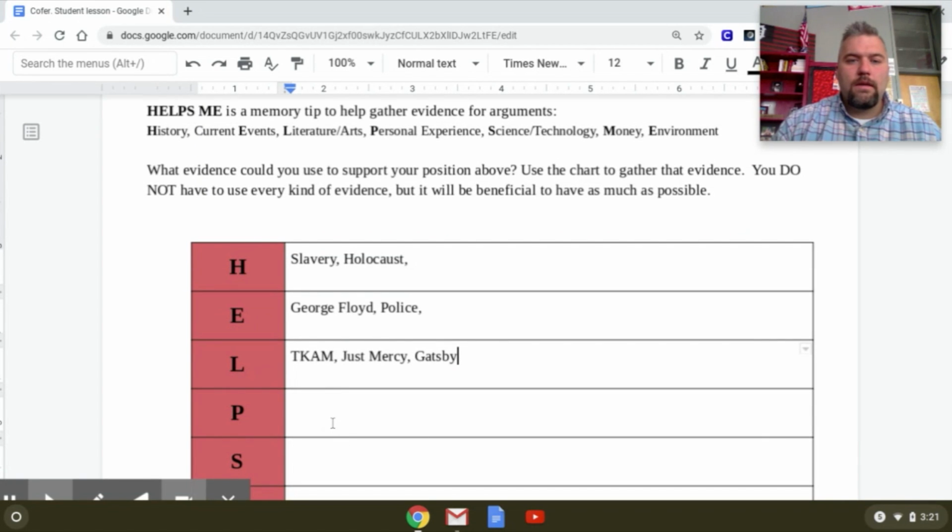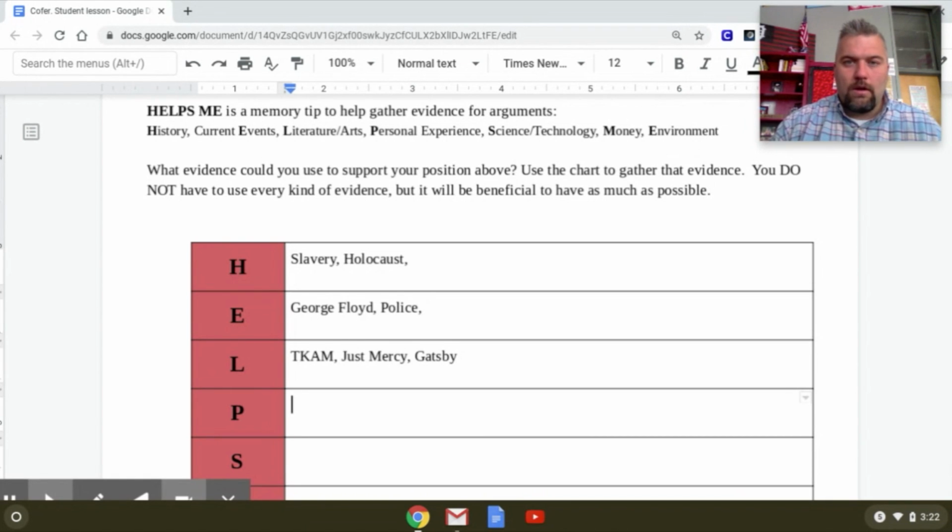Personal experience. I typically don't have much personal experience, so I'm going to leave that one alone when it comes to stereotyping, because as a white male, I haven't experienced some of the stereotyping. Have I experienced some? Sure. But I haven't experienced some that other people, other ethnicities, women have experienced.